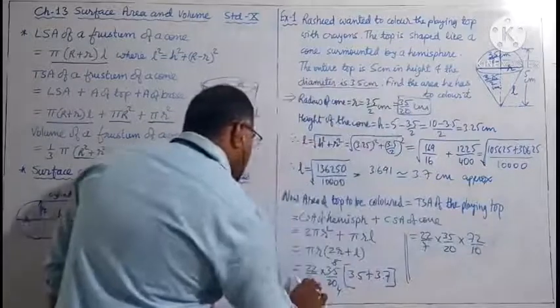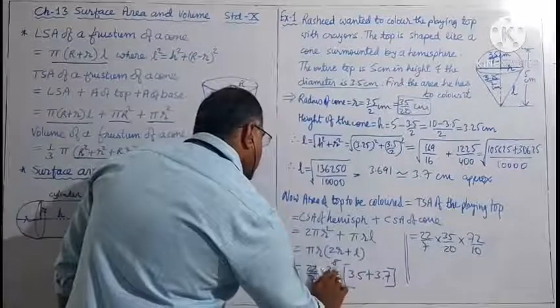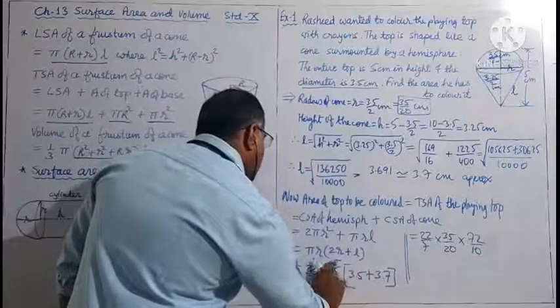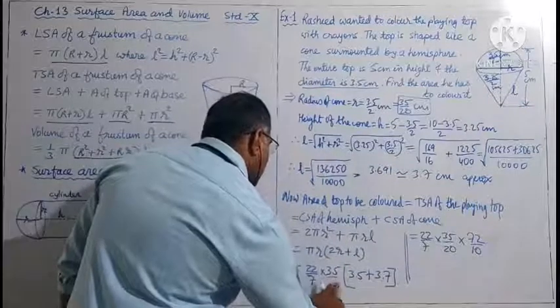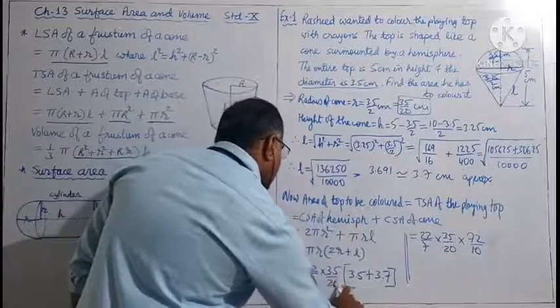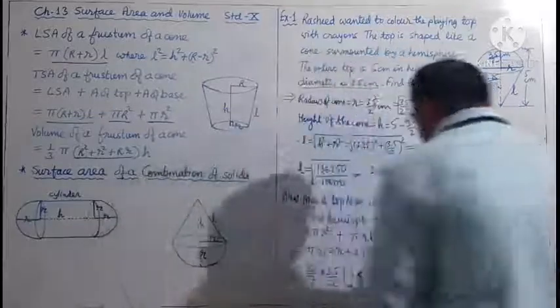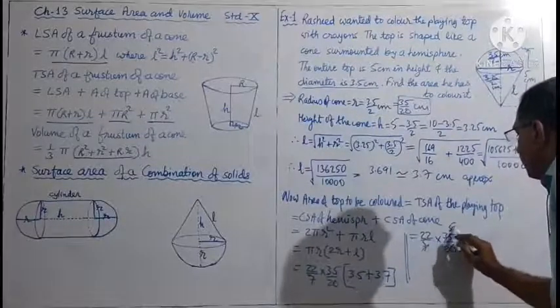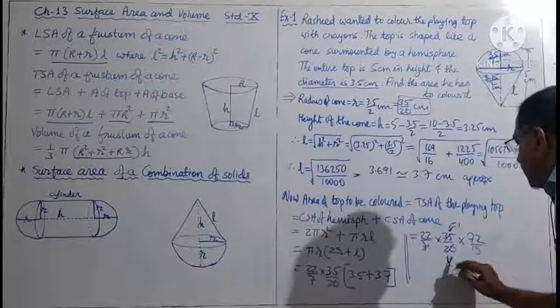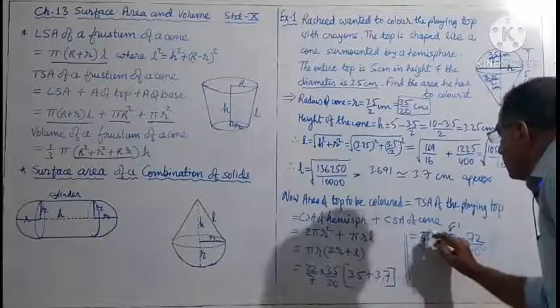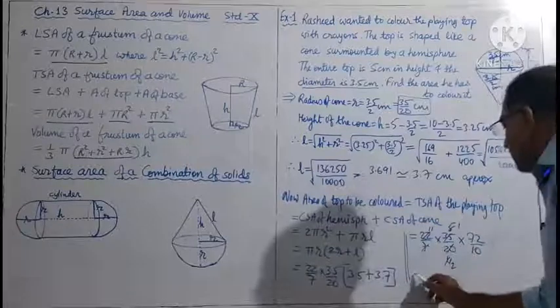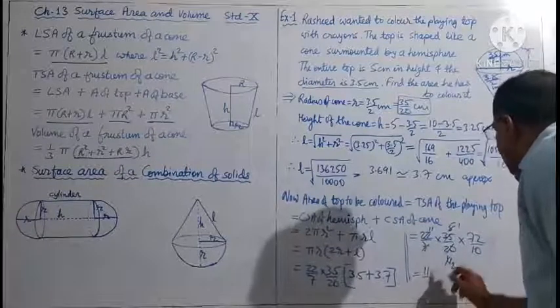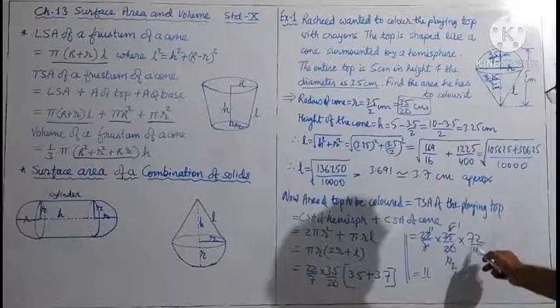Now let us cut the common ones so that you will come to know. Cut 7 1 ja 7, 7 5 ja 5, 4 ja, 2 2 ja, 2 11 ja, and thus we will get 11 by 2 multiplied by 72.